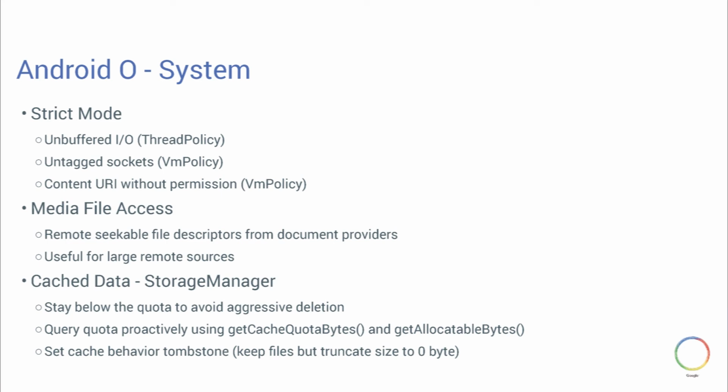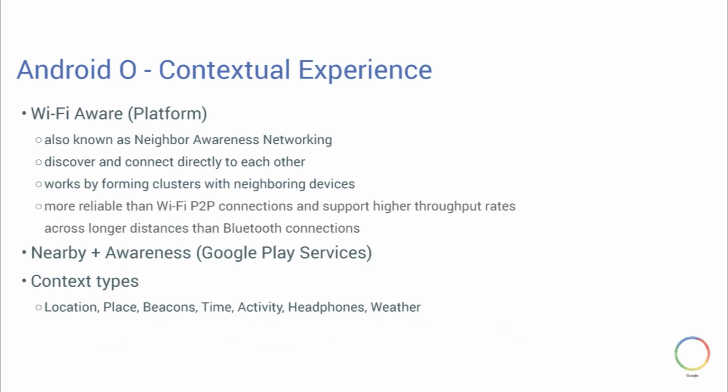If you want to offer some contextual experience to your user, in O, we added a new feature called Wi-Fi Aware. It's based on the Neighbor Awareness Networking standard. But if you want something that is more backward compatible, we also have something called Nearby Connections offered in the Play services that allows you to discover devices offline, and doesn't require the cloud.